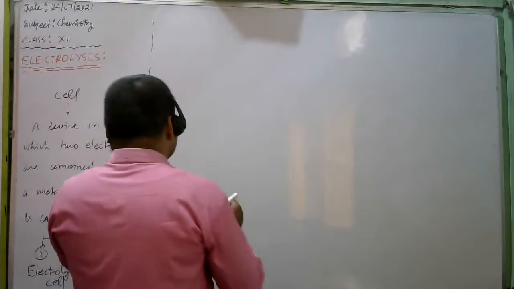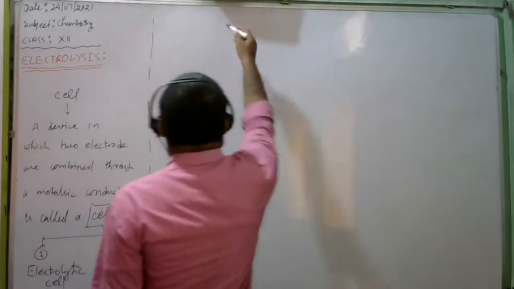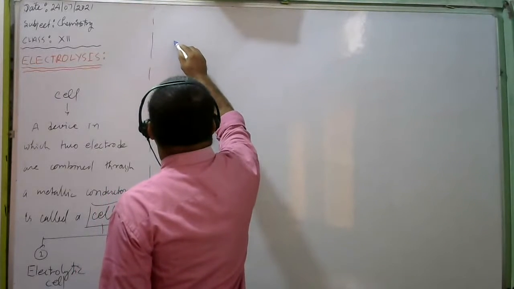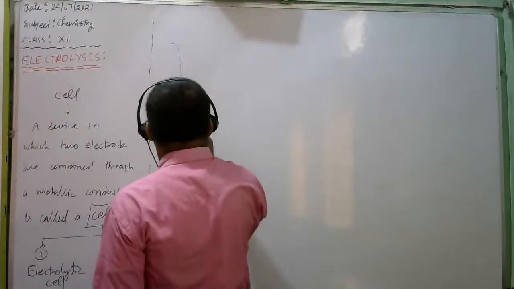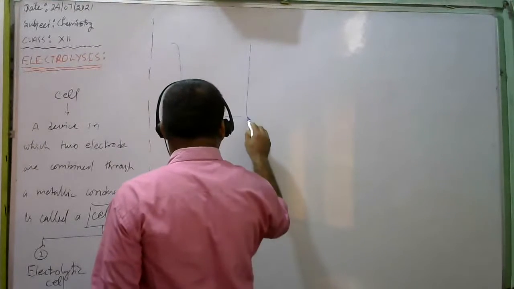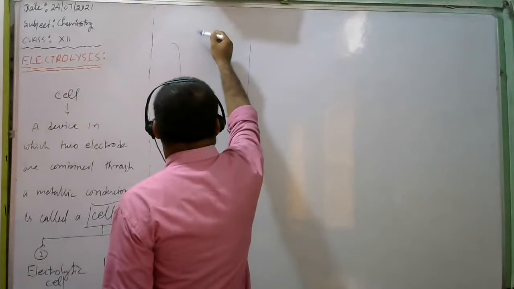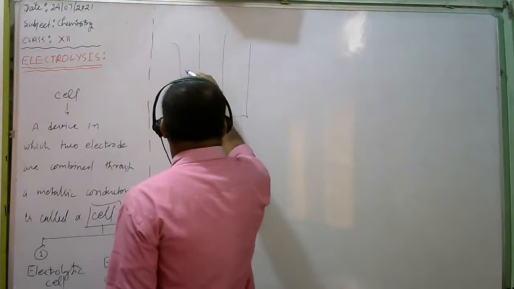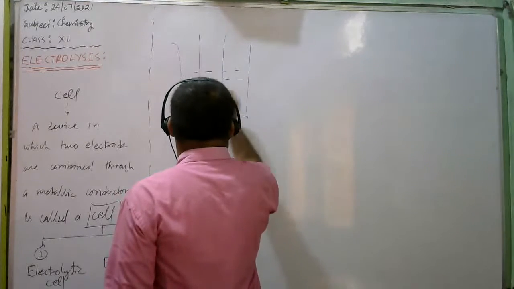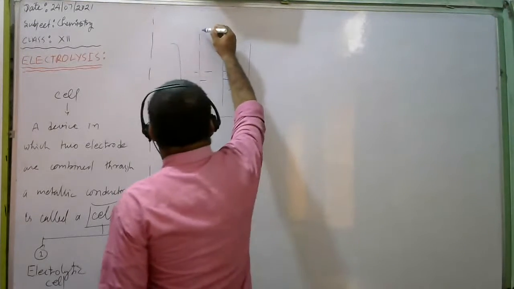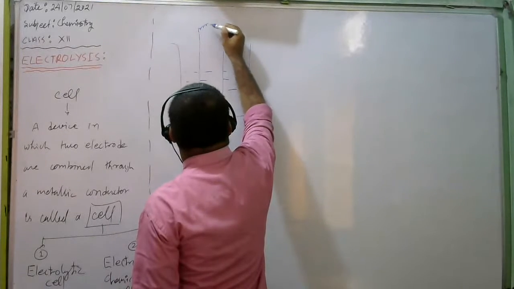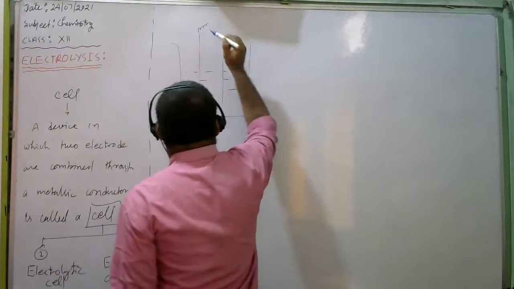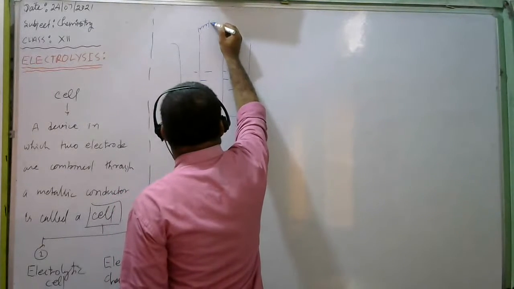The electrolytic cell has a structure like this, very simple. Here is only one compartment in which two Pt electrodes are placed, connected by a battery.